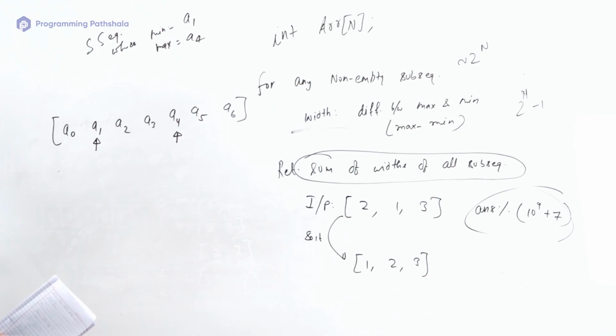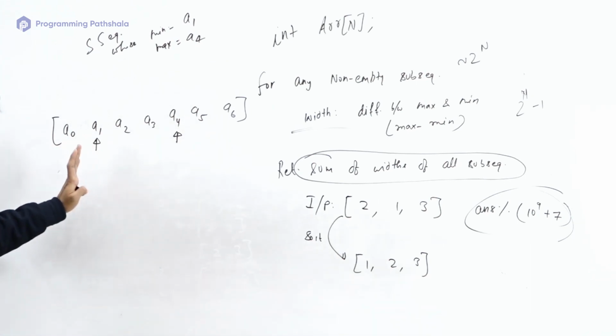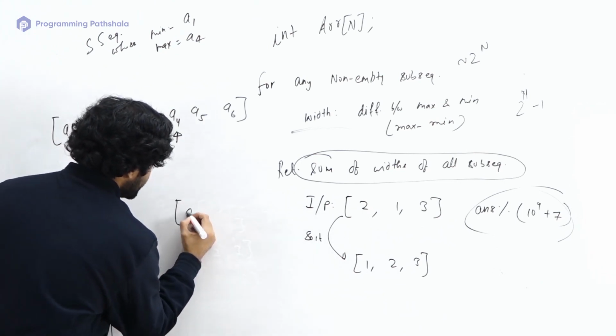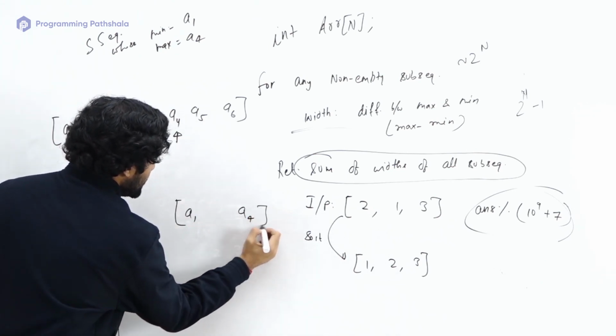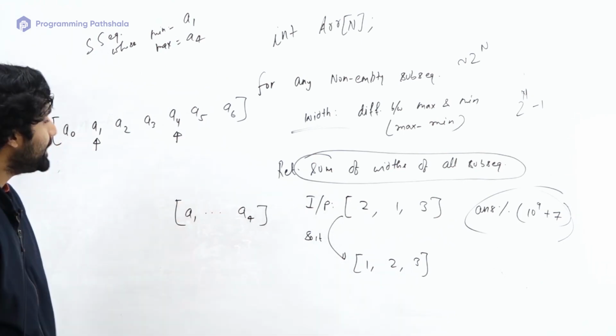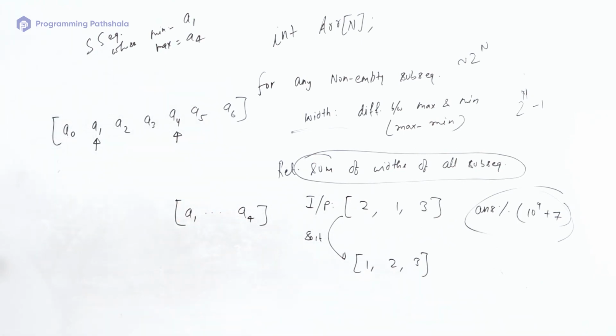It is guaranteed. Now tell me one thing. If your minimum is A1 and maximum is A4 in a subsequence, then what are the extra elements that can come in between? What are the extra elements that might come in between in such subsequences whose minimum is A1 and maximum is A4? Because I have already said that A1 is minimum, can you have A0?